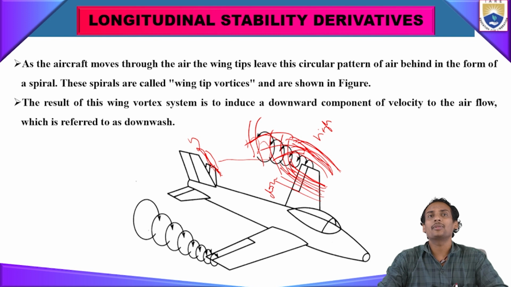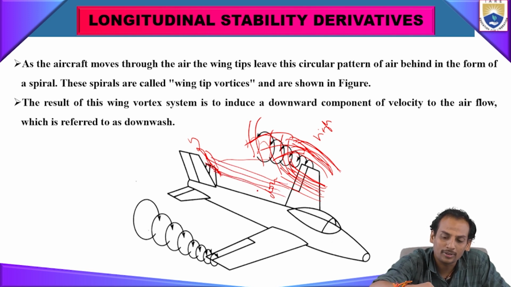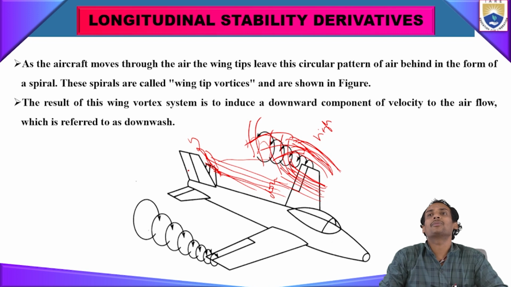That is called wingtip vortices. And the wing vortex system induces a downward component of velocity. These velocities give a downward component of flow velocity, and that is called a downwash.